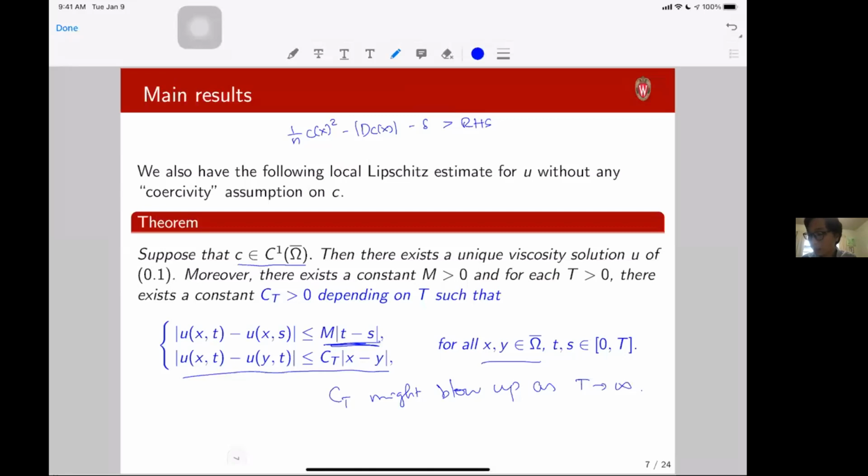For example, if we don't impose any condition, then what is this rate of blowing up as t goes to infinity? I don't know. It might be interesting. We haven't got that very precisely. We only prove that in some examples it blows up. Okay.